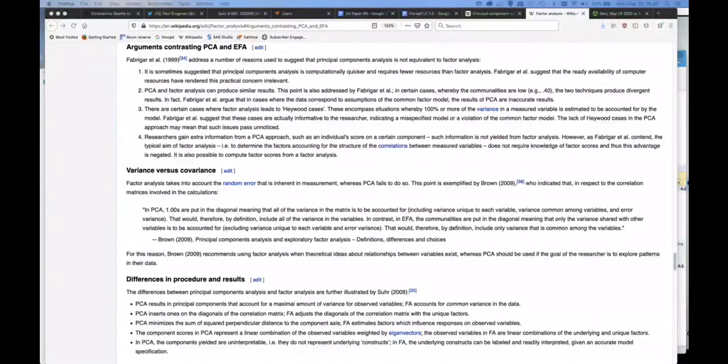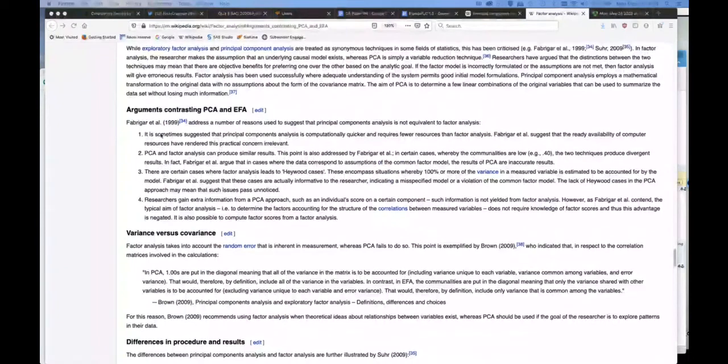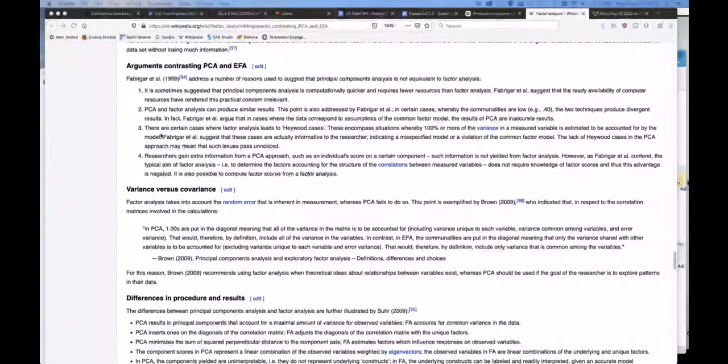I want to mention one more thing about these methods of estimation. If you go to the Wikipedia page on factor analysis, there is a whole section that summarizes the arguments for or against maximum likelihood, and refers to a classic paper in 1999 that discusses these.